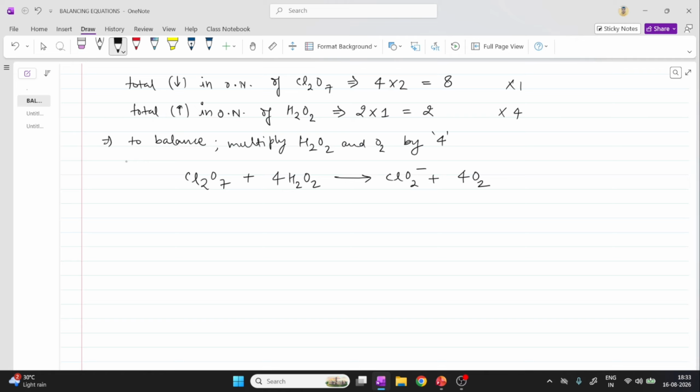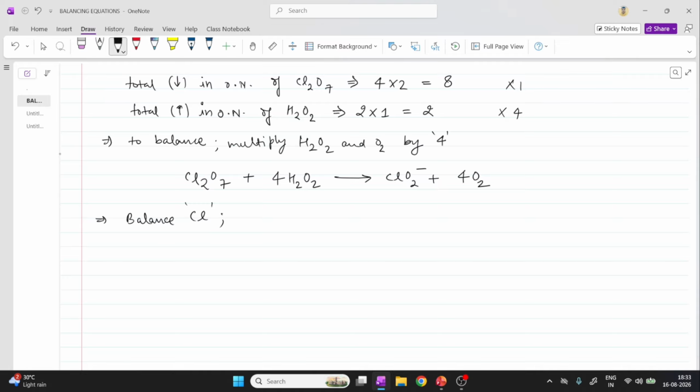Now the second part is we have to balance chlorine. Why chlorine? Because this side I have Cl2 and this side I have only Cl. So to balance chlorine, multiply this ClO2 minus by 2.